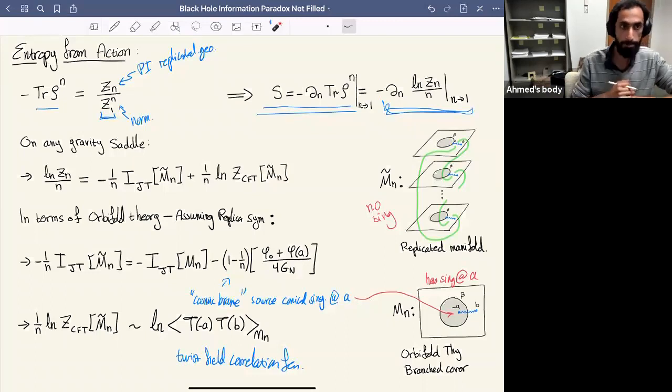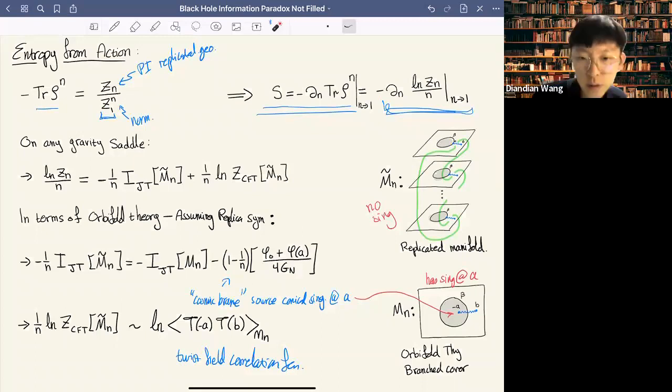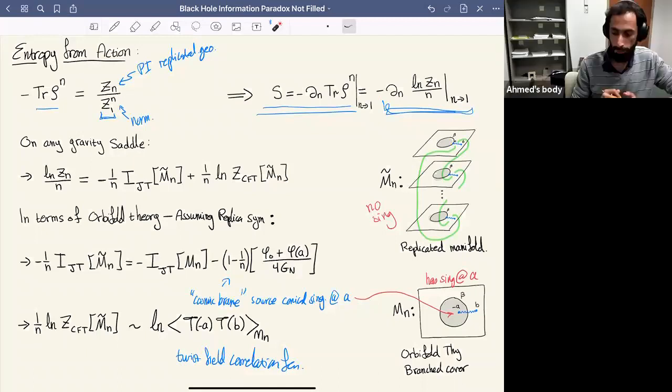Any questions about the slide? Yeah, so is it obvious why the conical singularity is at minus A? Could it be somewhere else, like the fixed point of the Zn symmetry? Good. Thank you for reminding me to stress this point, that the point minus A is the fixed point of the Zn symmetry.